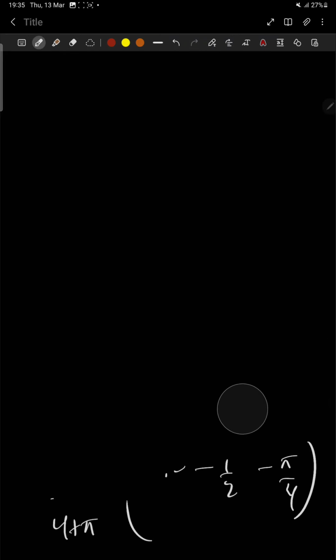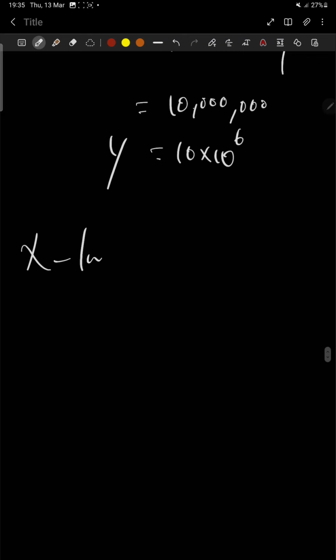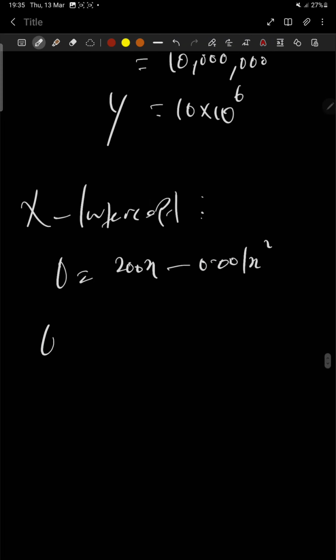Now we need the x and y intercepts. In the x intercept, y is 0. So we're going to have 0 is equal to 200x minus 0.001x squared. So 0 is equal to, factorize the negative 0.001.